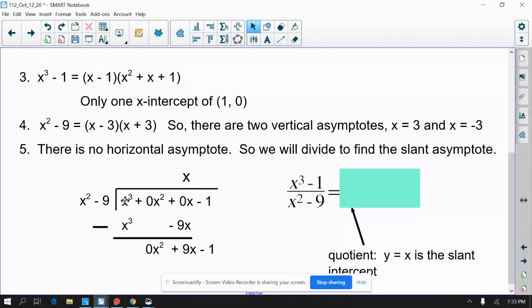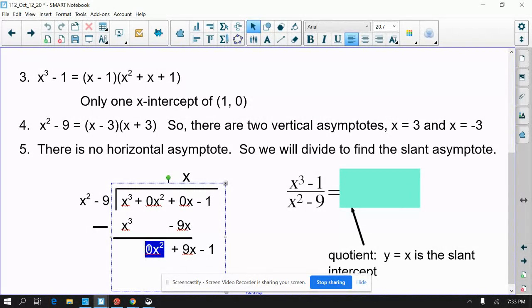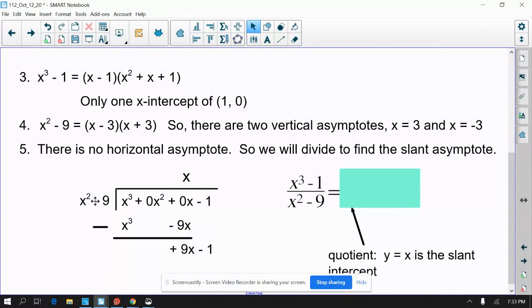And then I subtract. x cubed minus x cubed cancels out. 0x squared minus nothing is just 0x squared. 0 minus negative 9x is positive 9x. And then negative 1 drops down. Now, can I squeeze x squared into 9x? No, x squared is too great for the 9x. So this tells me that I'm done.